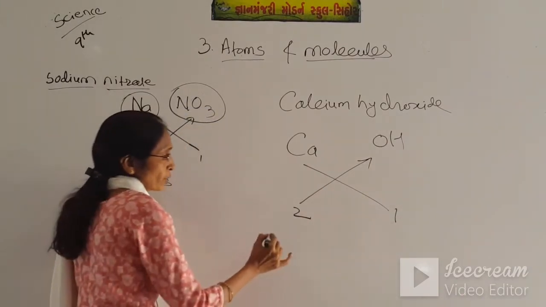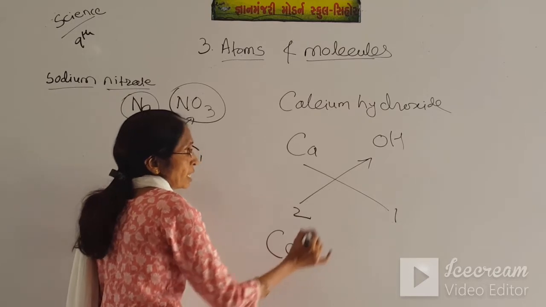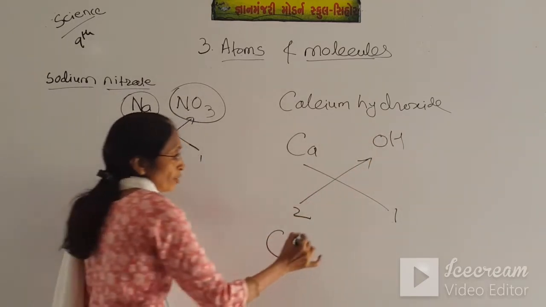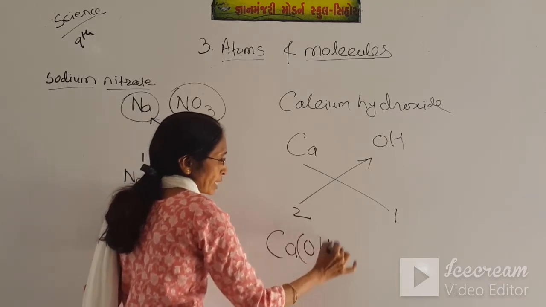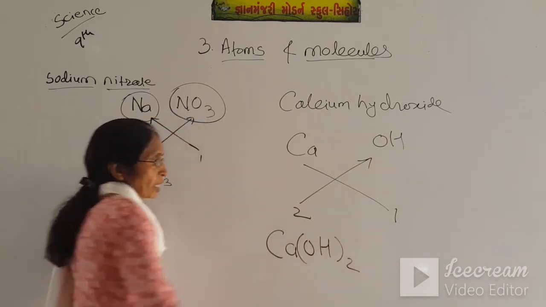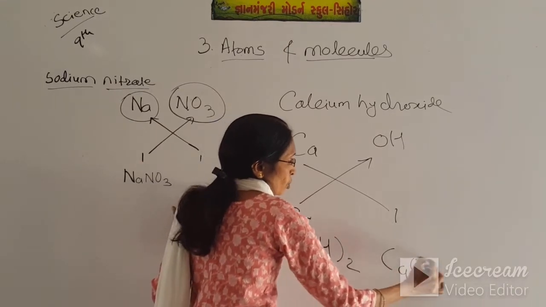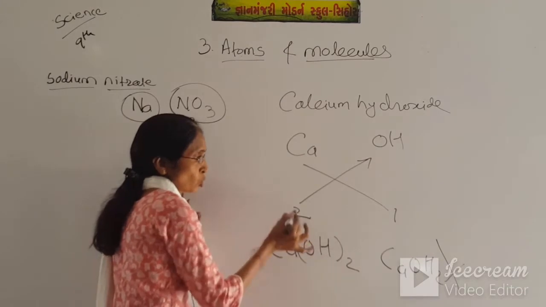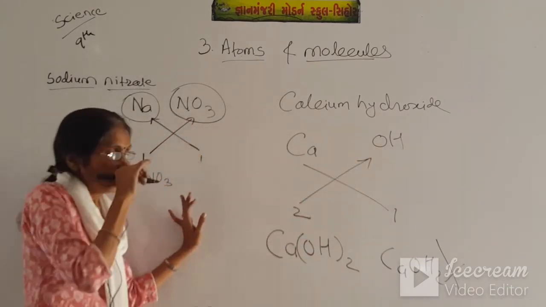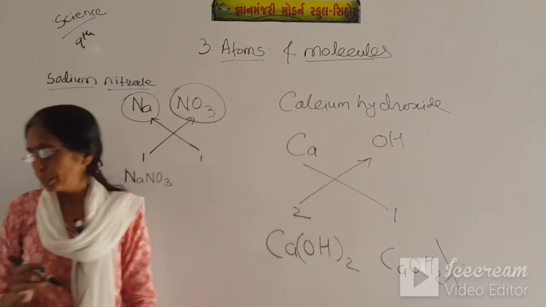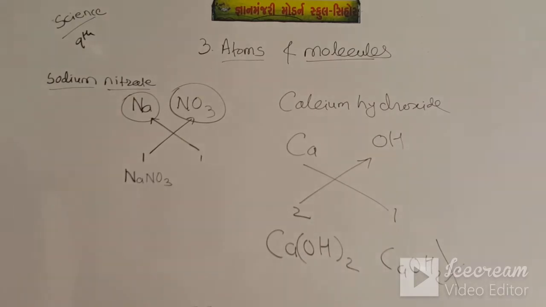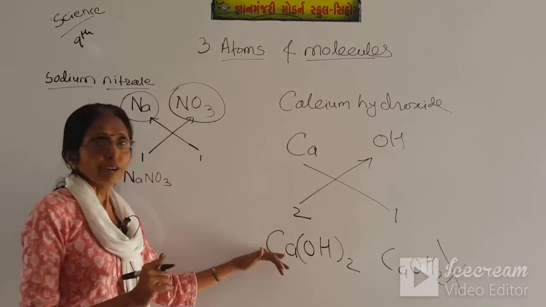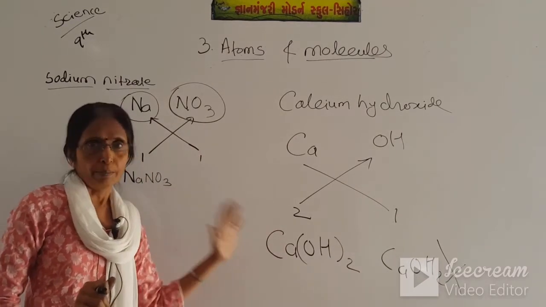So calcium hydroxide is written as Ca(OH)2. This 2 is for O and for H, for both. Therefore OH should be written in a bracket. If we write it like CaOH twice, it will be wrong because this 2 is for O and for H also. So the bracket should be here. In this way we can write the molecular formula of certain compounds.